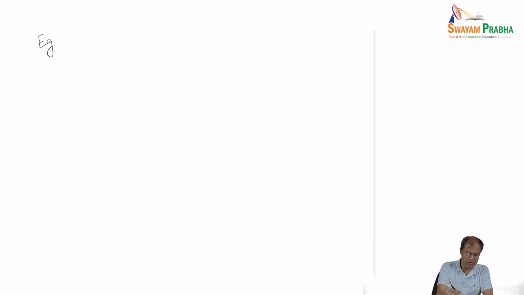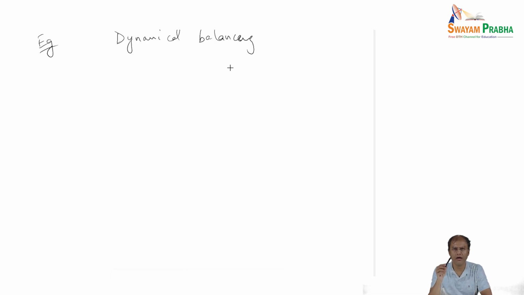The problem is that of the so-called dynamic balancing. What this problem is, suppose we have some rotating rigid body and it is pivoted such that it is asymmetric with respect to the pivot points.